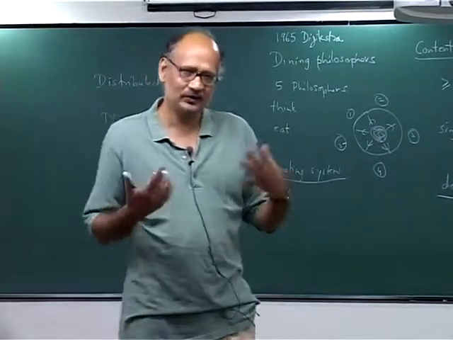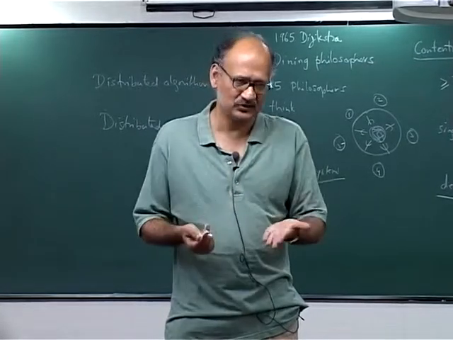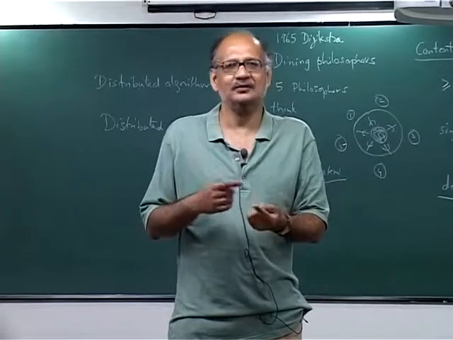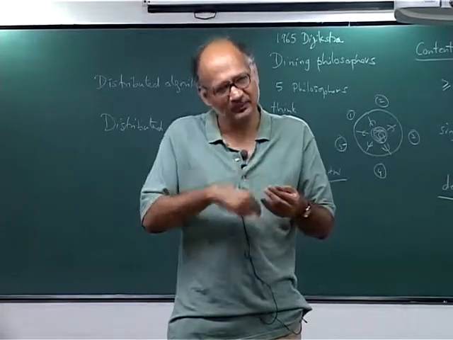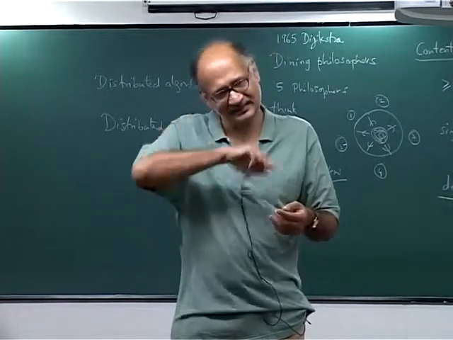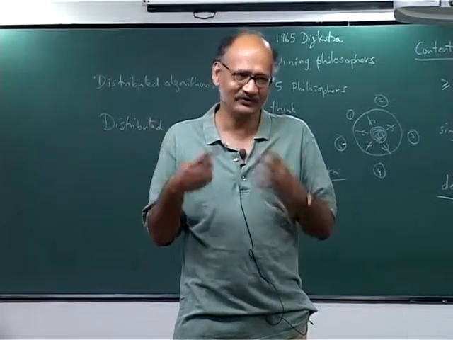Formally, we will model a deadlock as follows. A process is waiting for a resource, and a resource is being used by a process. If you just say which process is waiting for which resource and which resource is being used by which process, and draw that as a directed graph, then you will get a cycle.